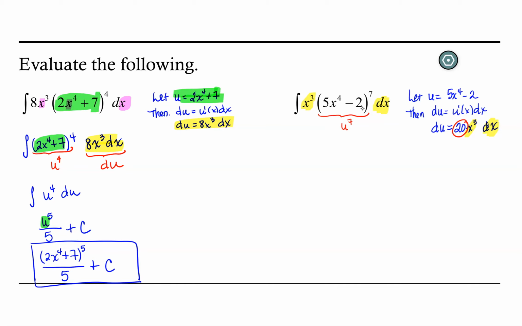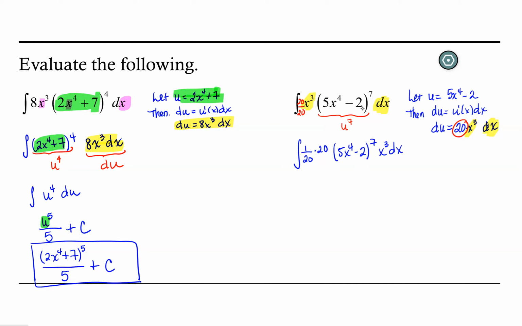Let's consider the idea of multiplying our integral by 20 over 20. And then let's go ahead and separate that 20 over 20. Let's think of that as 1 over 20 times 20 times 5x to the fourth minus 2 to the 7th power, and then x cubed dx.